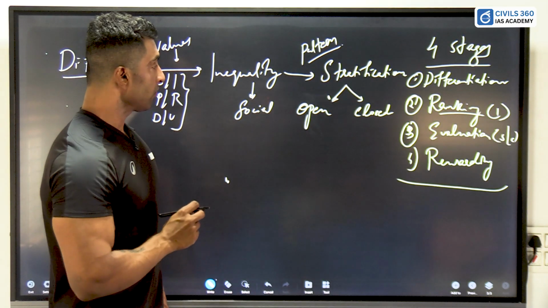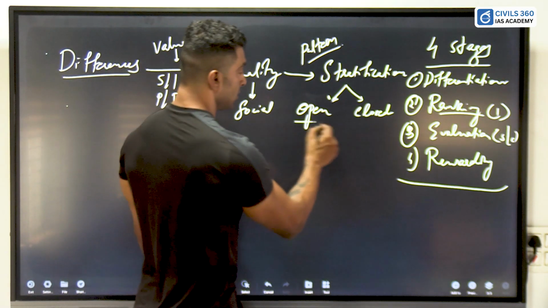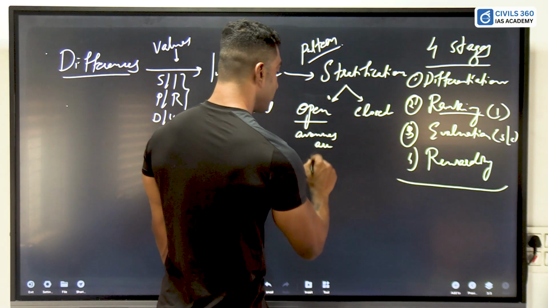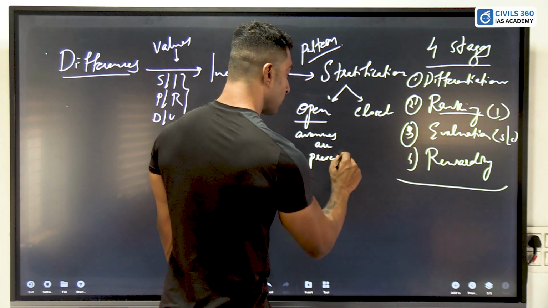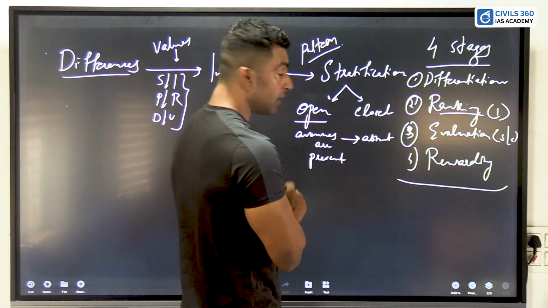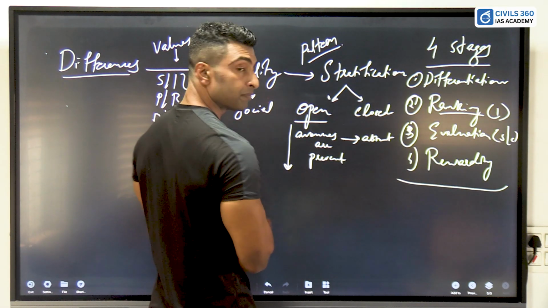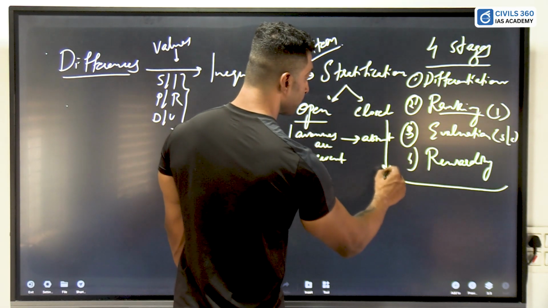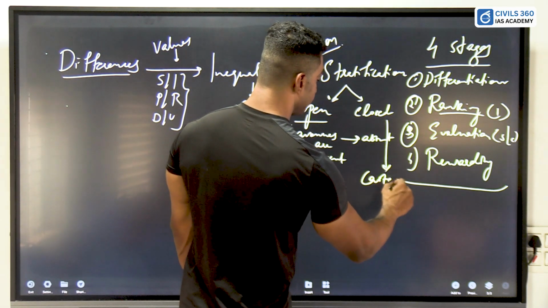Okay. Now, open means avenues are present, closed means avenues are absent. Example for open, class. Example for closed, caste.